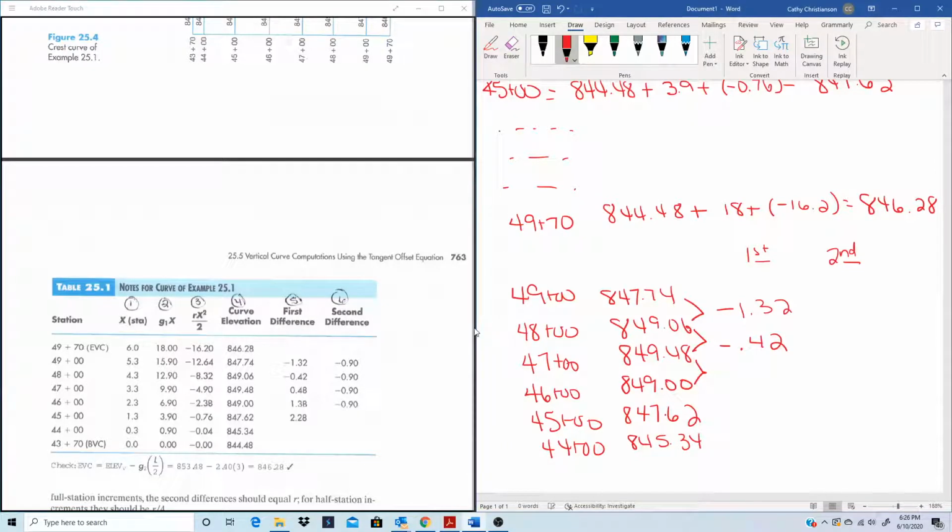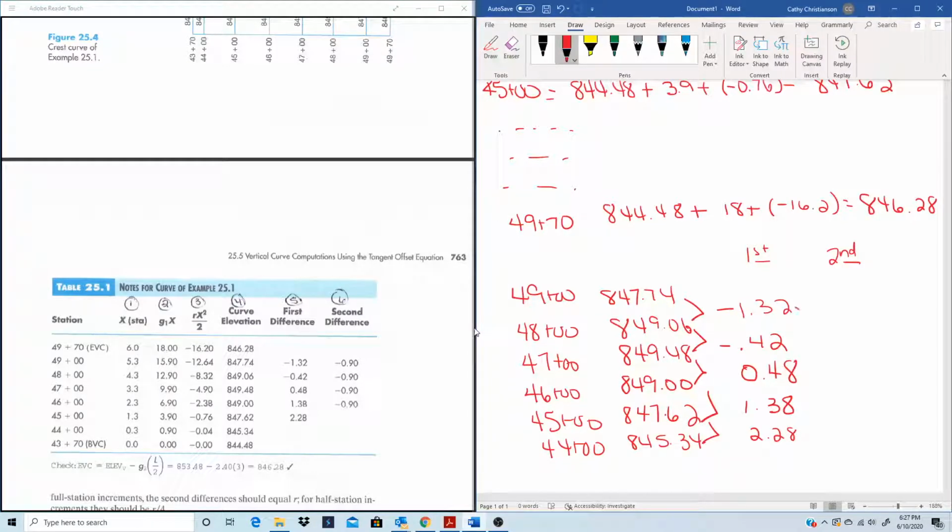And this is a difference, so again I'm going to take 849.48 minus 849, and I got a 0.48. And then 849 minus the 847.62, and the last one, 847.62 minus 846.28.